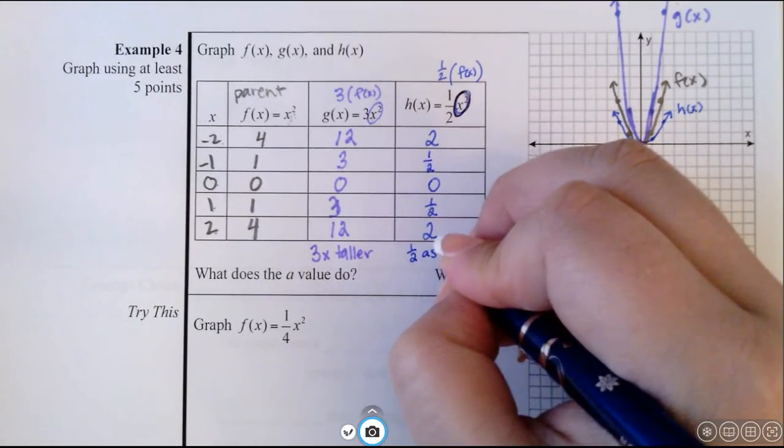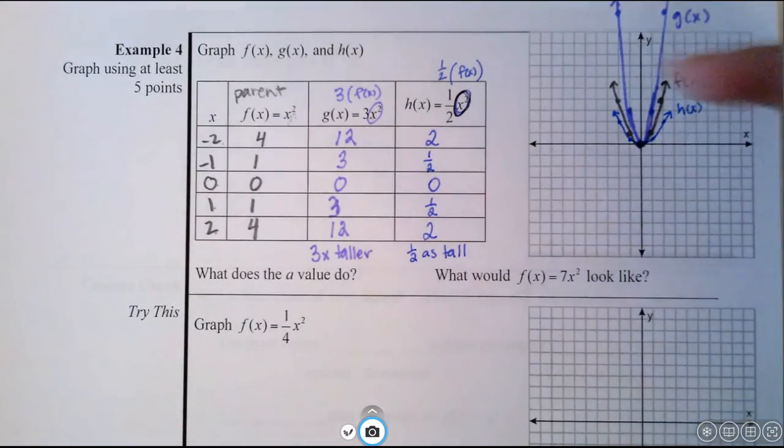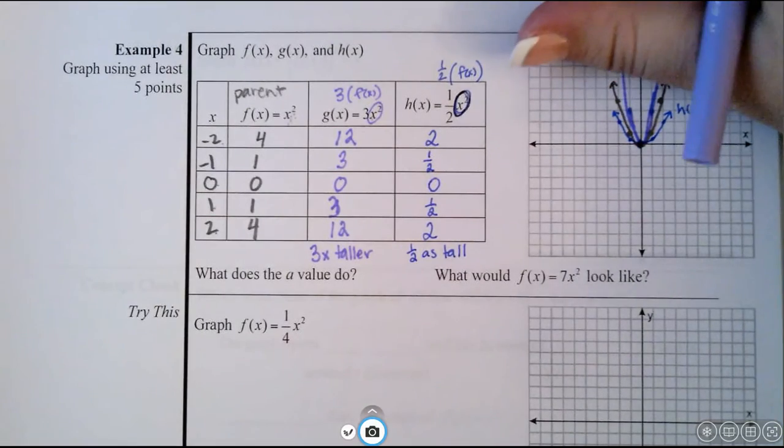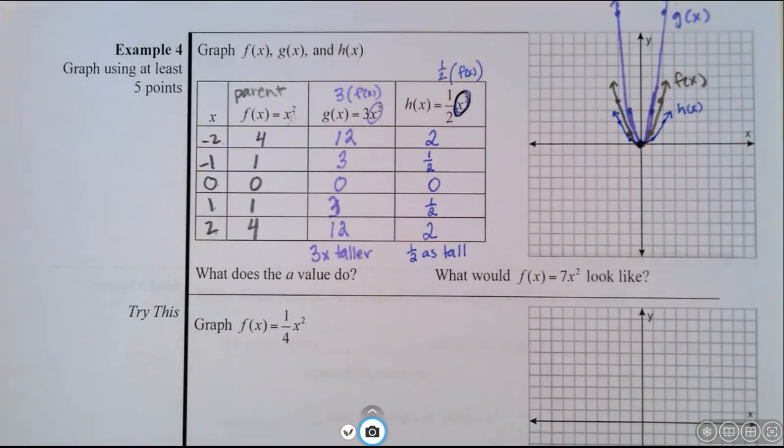Another way to describe this is I took this parabola, and if we just look at the part of the same height, the purple one looks thinner.